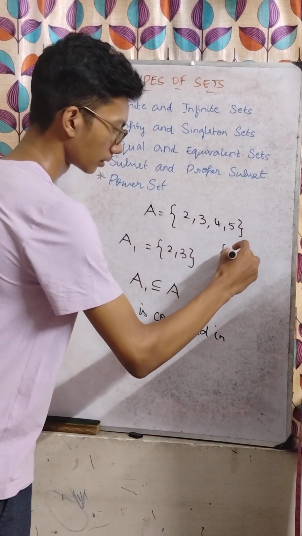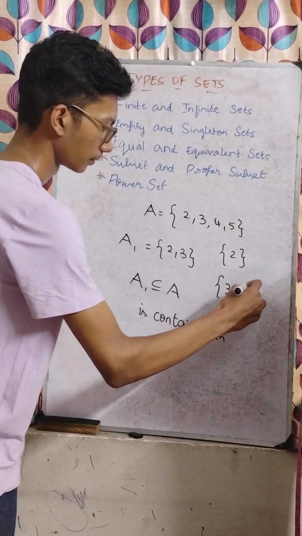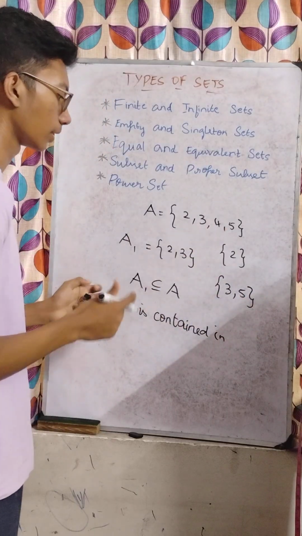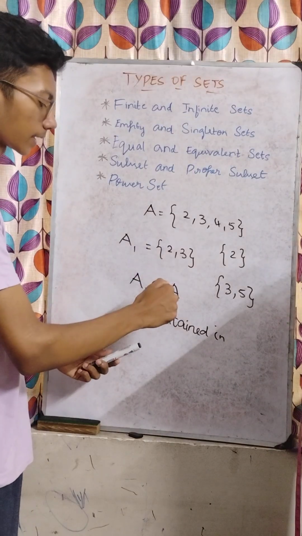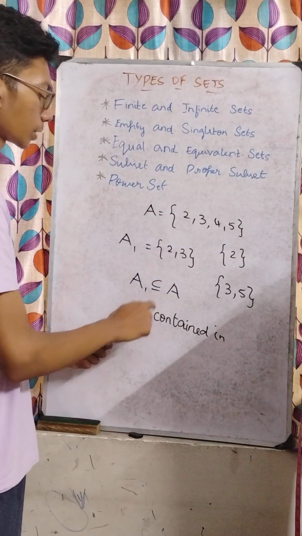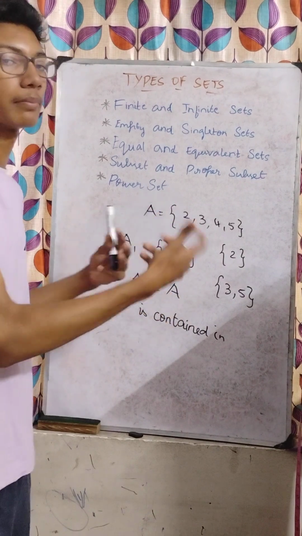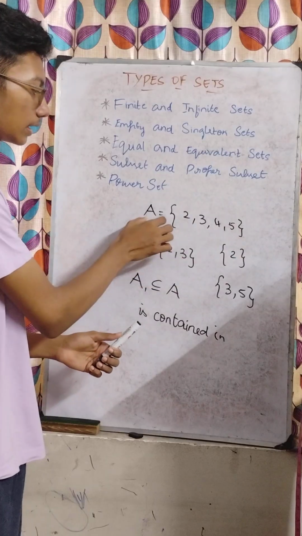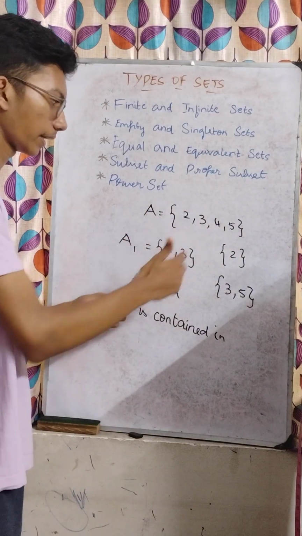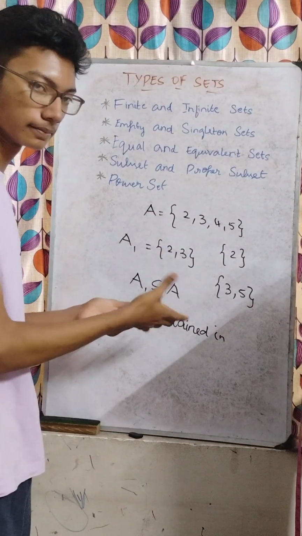Let's say this is a subset of A. This is a subset of A. So these are the subsets of A. We have to write it with the contained symbol and the equal symbol, which means it can be equal to A or it just contains some elements of it. So we have the set A. The set A is a subset of A because the set A contains the elements of A.